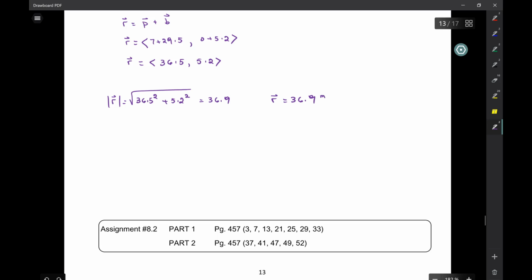Meters per second. How am I going to do direction, theta? You could do it in one shot: that's the inverse tangent of 5.2 over 36.5. Same numbers as you used here. So what does that give you? 8.1 degrees.